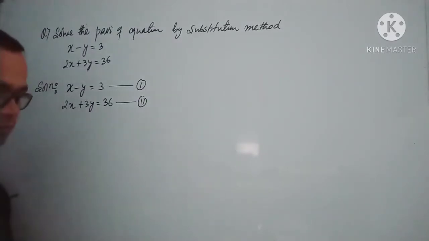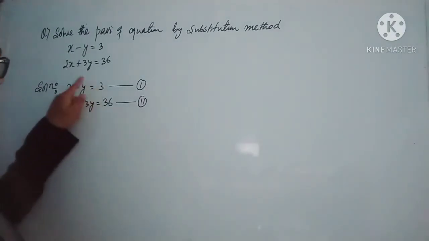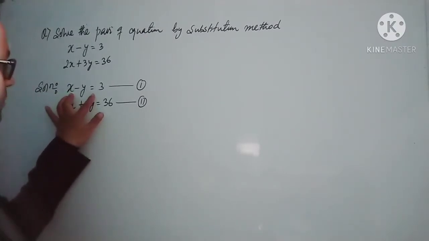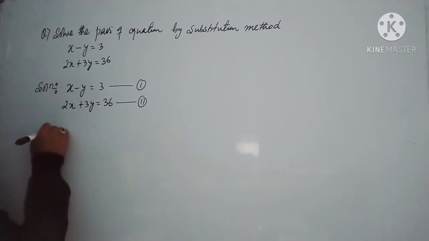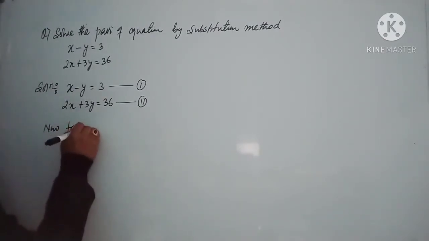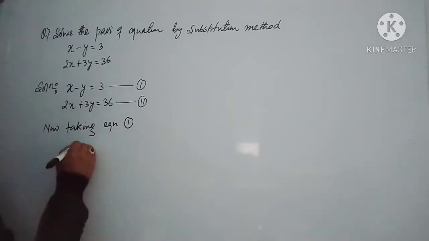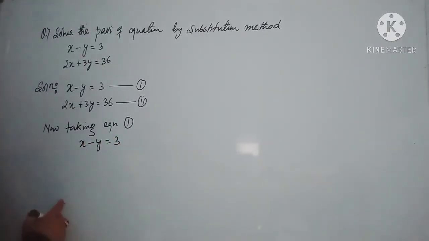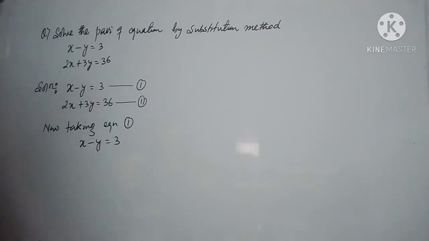First we have to take one of the equations. Taking equation 1, we make it into equation 3: x minus y equals 3. Now we need to eliminate either x or y from the left hand side.